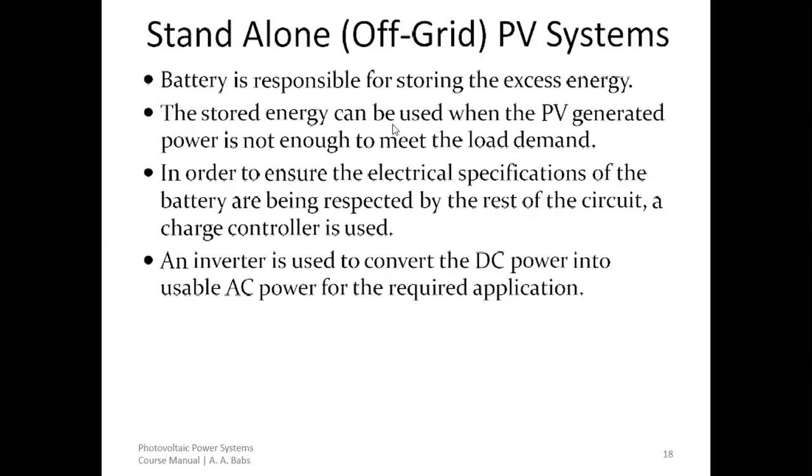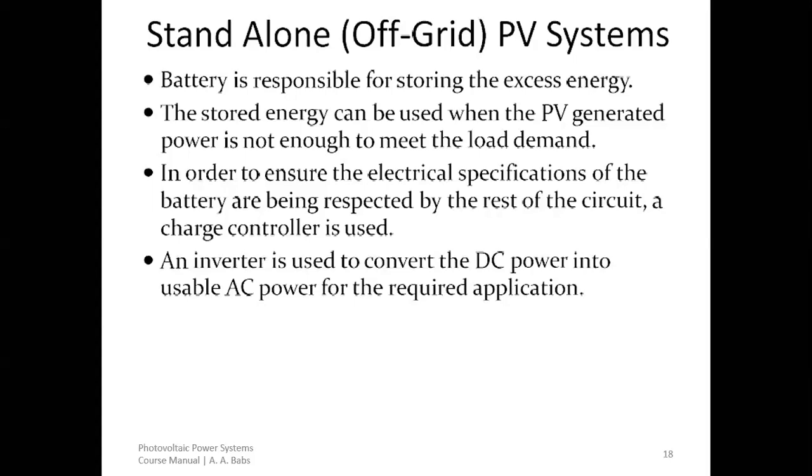All right, the stored energy can be used when the PV generated power is not enough to meet the load demand. I've talked about that. So in order to ensure that the electrical specifications of the battery are being respected by the rest of the circuit, a charge controller is used, like I explained earlier.